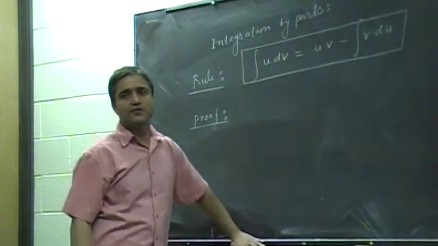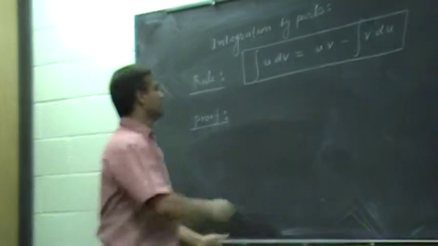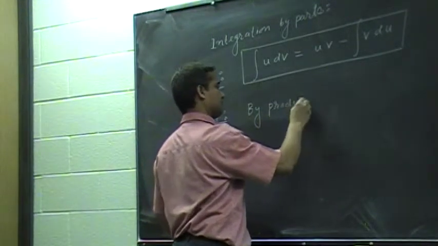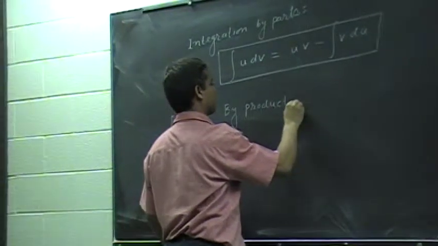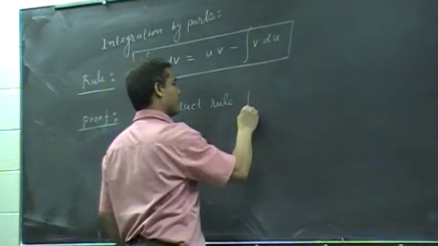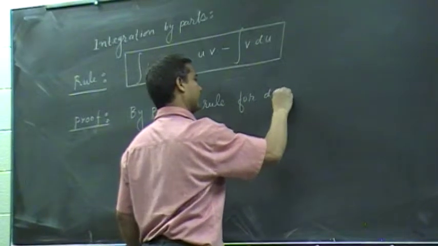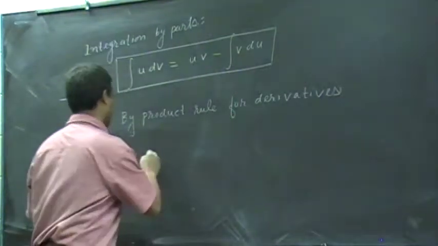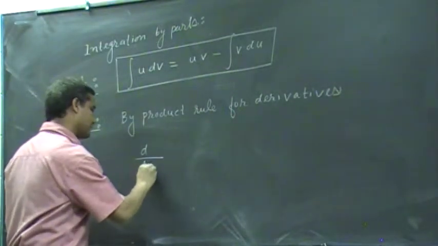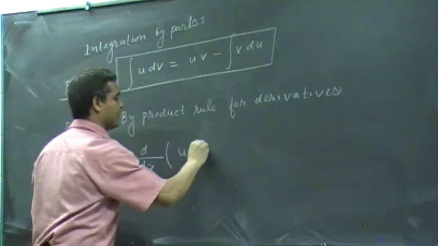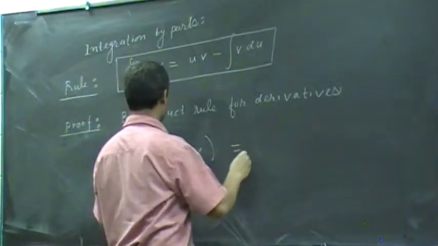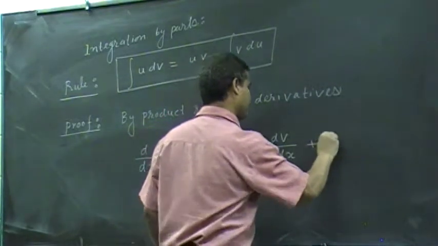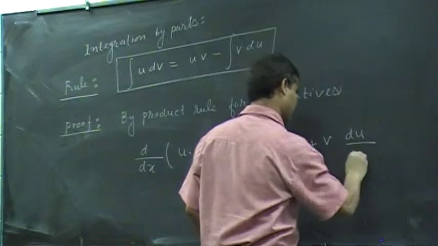You remember the product rule for differentiation, right? By the product rule for derivatives, d over dx of u times v equals u dv over dx plus v du over dx, right?